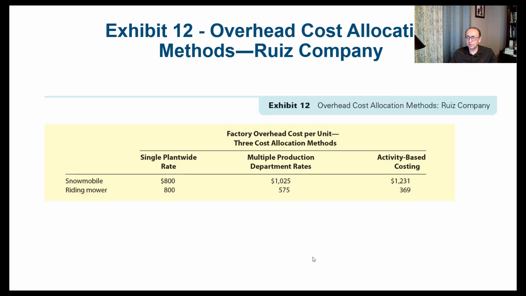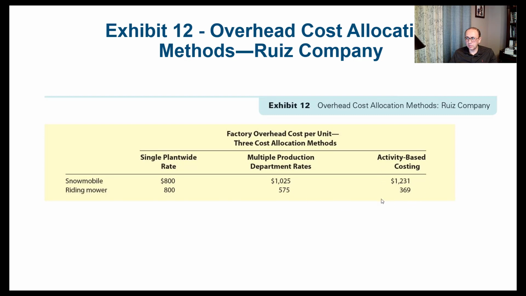So now let's compare the three methods. See here the single plant-wide rate method gave us like 800 for each product. For snowmobiles and riding mowers it was the same. When we started using a more accurate method, like the multiple production department rates, the snowmobile allocation is different. You can see here it's almost double the value for the riding mower.